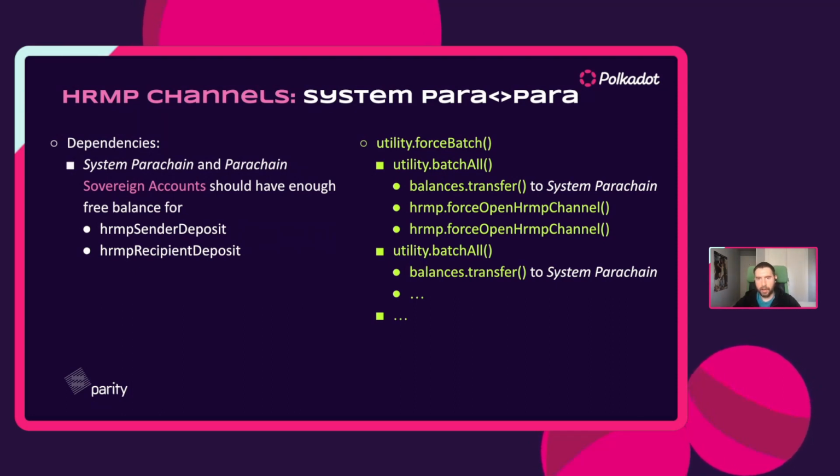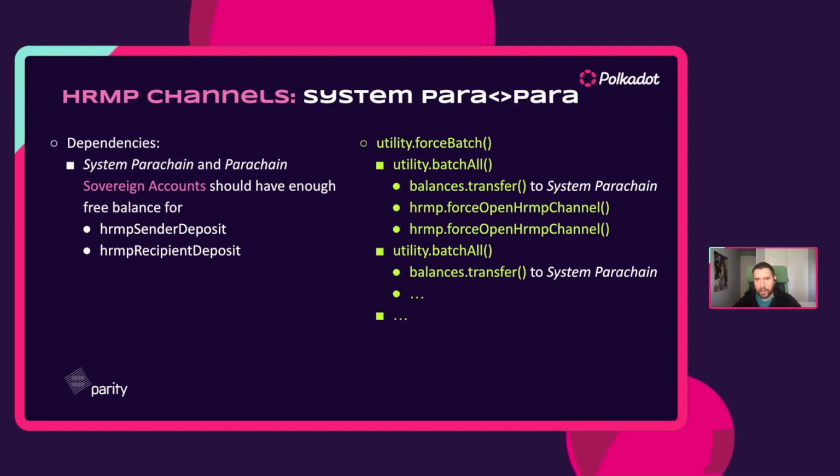Okay, first of all, we have a force batch. A force batch will execute each of the calls inside of the batch, but if one of them fails, it will continue. And each of the calls is at the same time a batch all. The difference between force batch and batch all is that in batch all, if only one of the calls inside fails, the whole batch will fail.